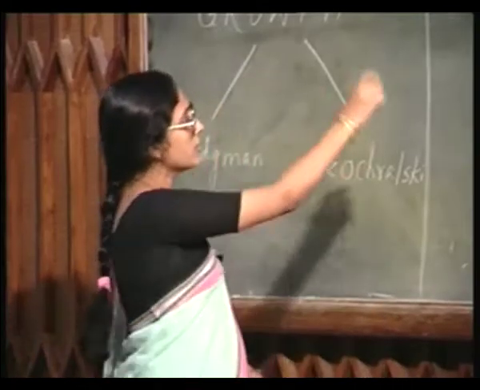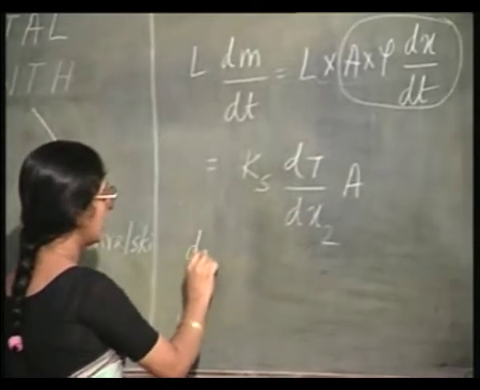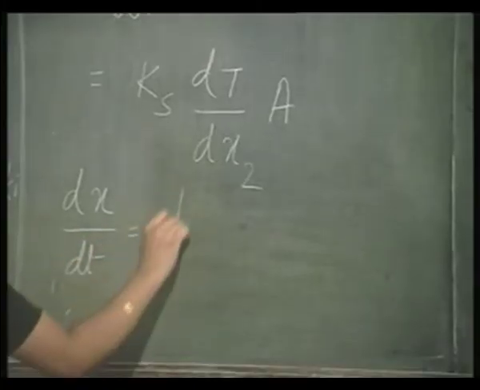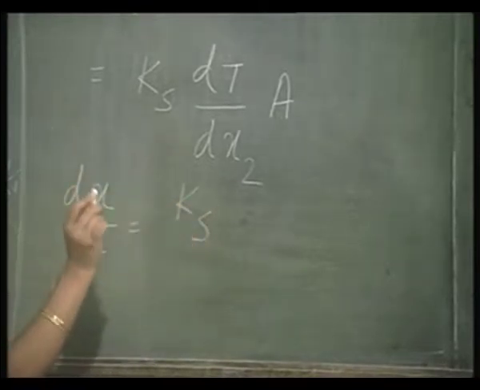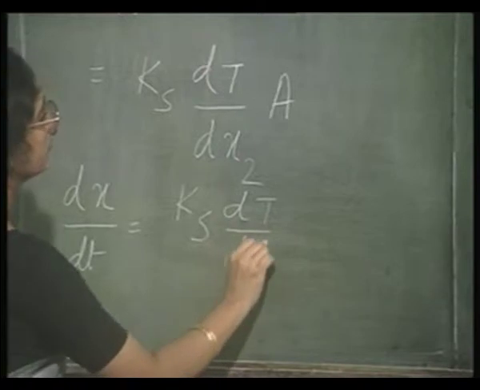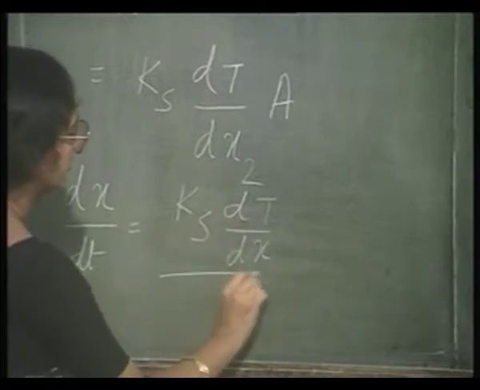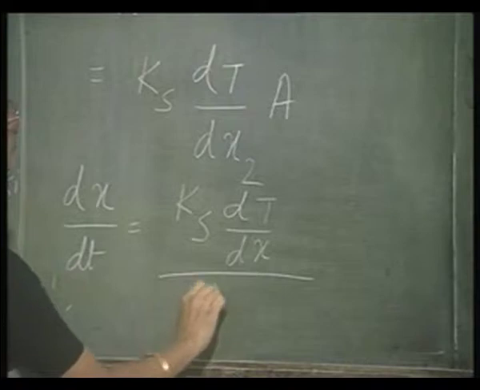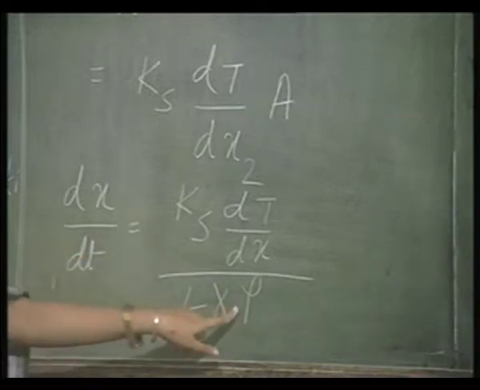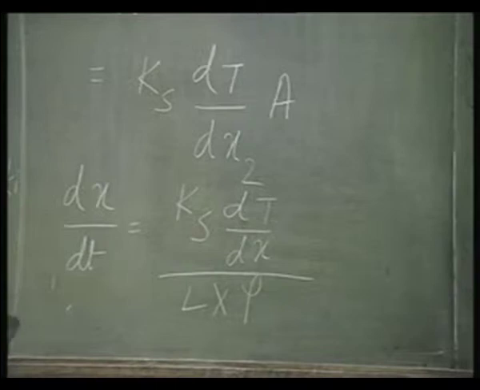So, from this equation I can say that dx/dt is Ks by L into rho times dT/dx, dx2 if you so prefer.